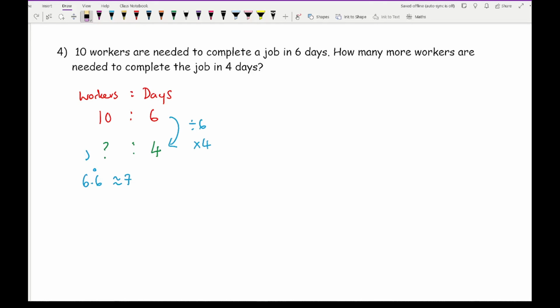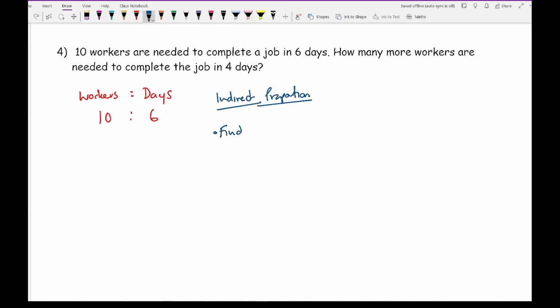Now when we're dealing with indirect proportion, the method needs to be reversed. So here what we need to do for indirect proportion, or these particular questions, is to find the total time for one worker.